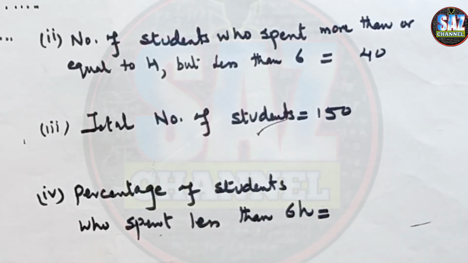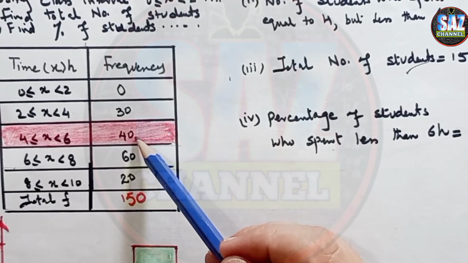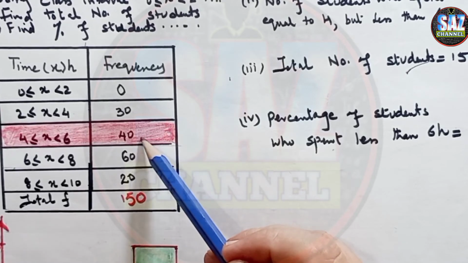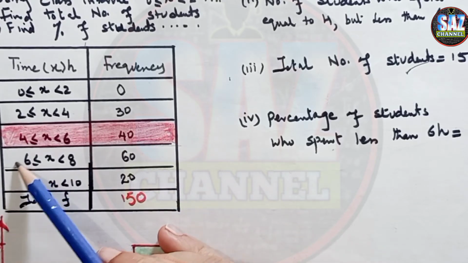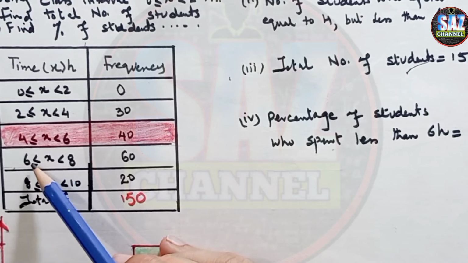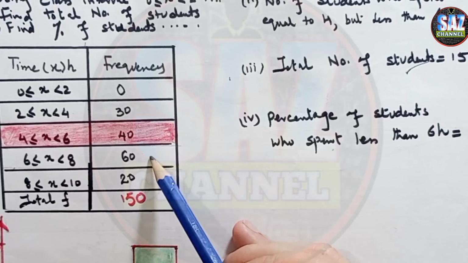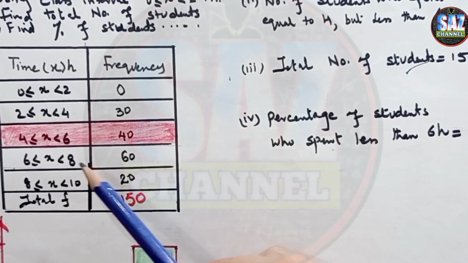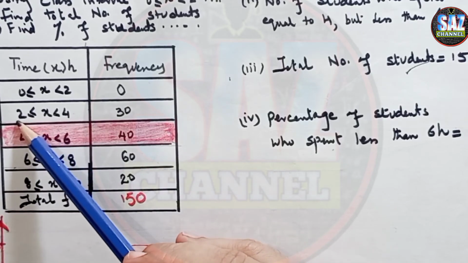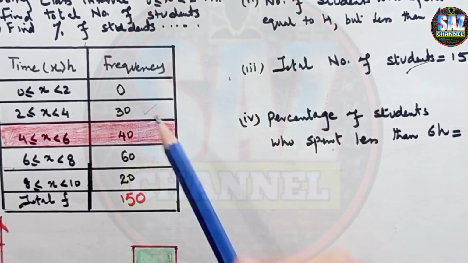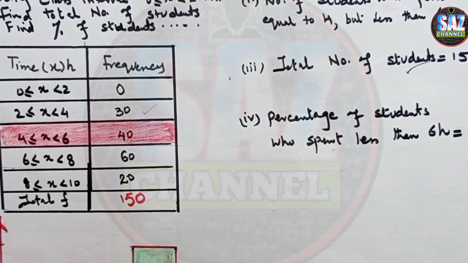Now come to the table and see how many students are taking less than 6 hours on the preparation. Okay, if we think about this class, here the students are taking 6 or more than 6, so this class will not be included. So less than 6 will be 2 to 4 and 4 to 6, and total students are 70 who are taking less than 6 hours.